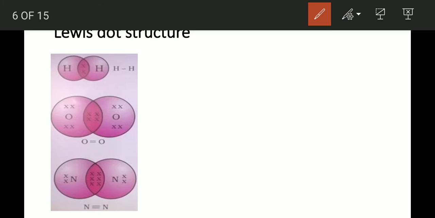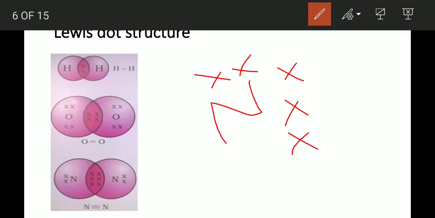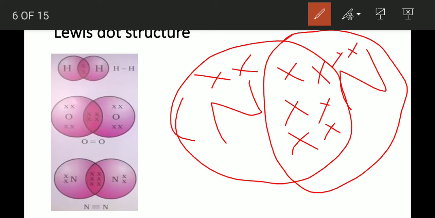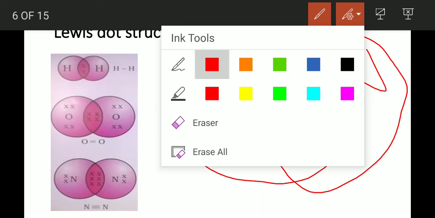Next is nitrogen. This is only the Lewis dot structure. By sharing their electrons, they are becoming stable. Here, nitrogen is sharing 3 electrons. By sharing, both nitrogen are sharing 3 electrons and becoming stable. This is only the Lewis dot structure.